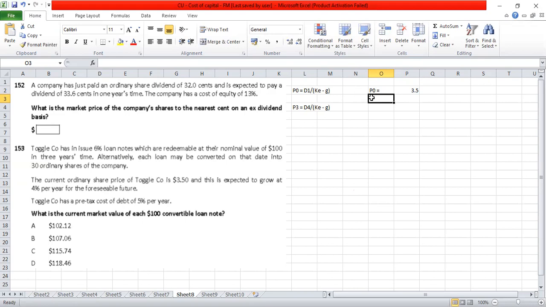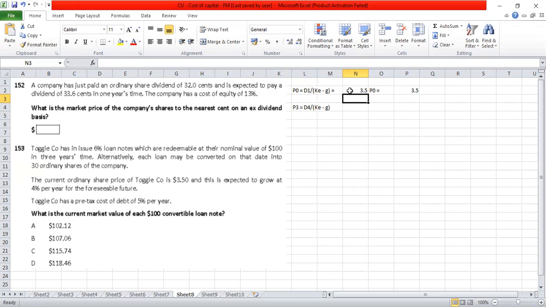P0 being 3.5, the difference between P0 and P3, with KE and G being constant, is only D1 changing to D4.